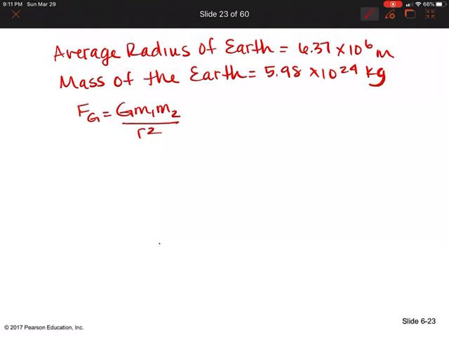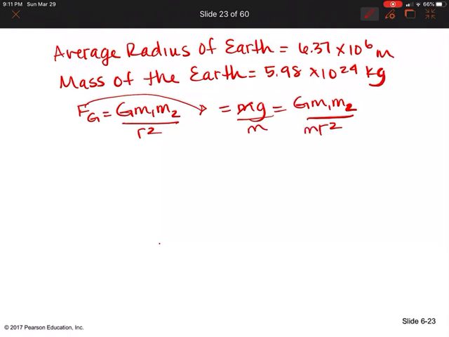And then we were saying, oh, well, the force of gravity is just mass times gravity is equal to the gravitational constant times mass 1, mass 2 over r squared. And if we solve for little g, then we just divide both sides by m, and we end up with this. All right, so now we just got to solve.